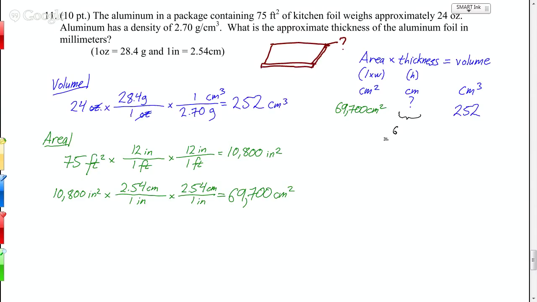So that equals 252 divided by 69,700. And I get 0.00362 centimeters. Does that sound good so far? Is that about what you got? Those of you who got through it?